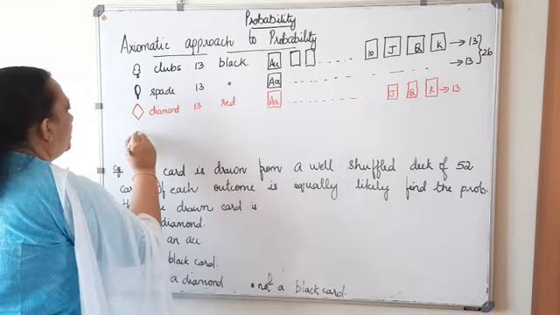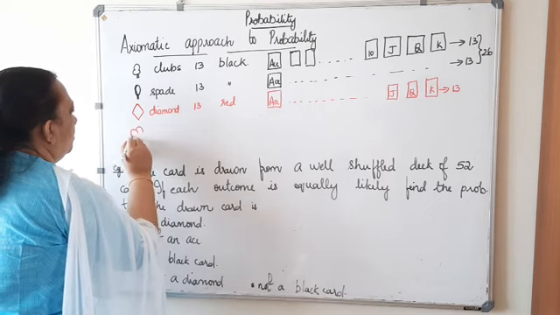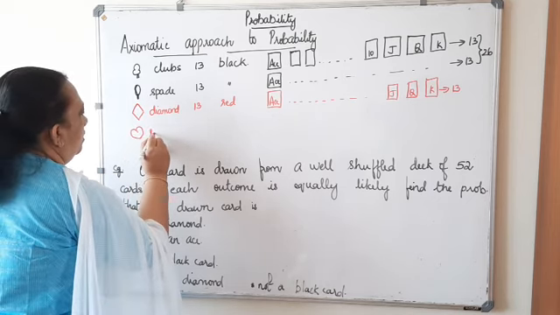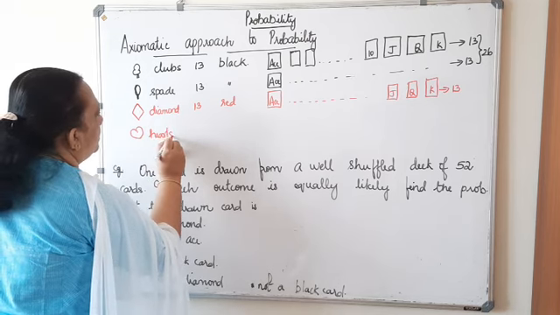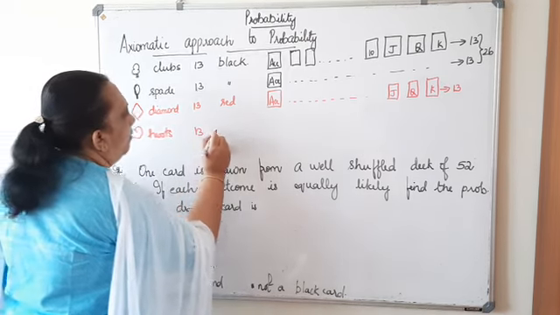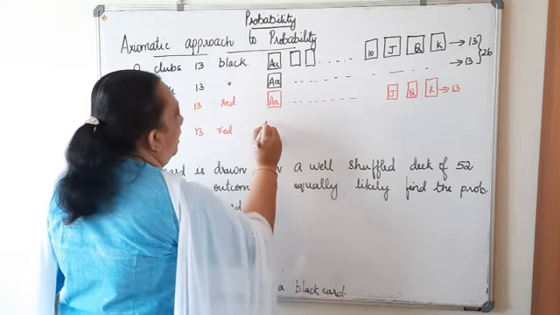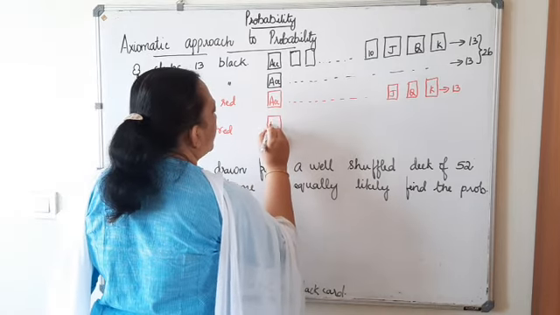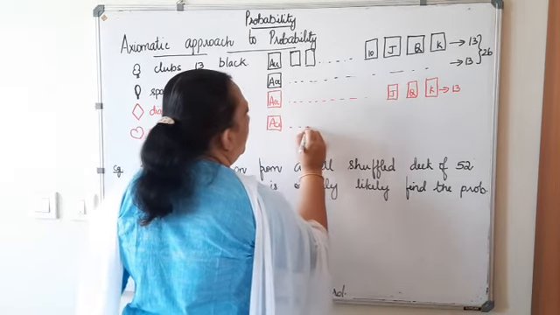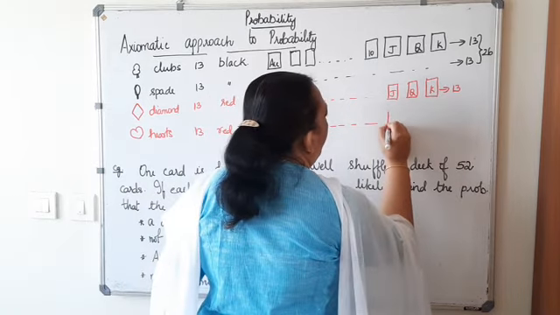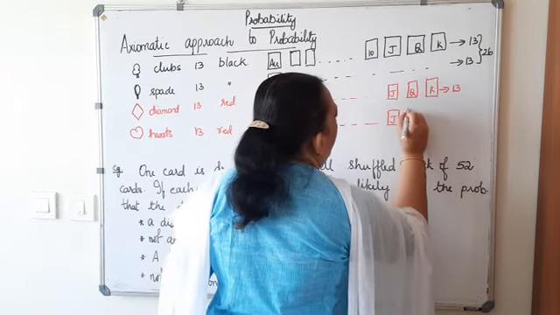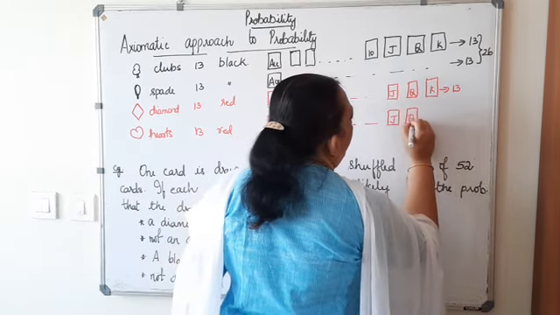Next you have the set of hearts. Hearts, 13. This is red in color, and you have an ace card. Ace card means 1. And you have jack, queen, and king.